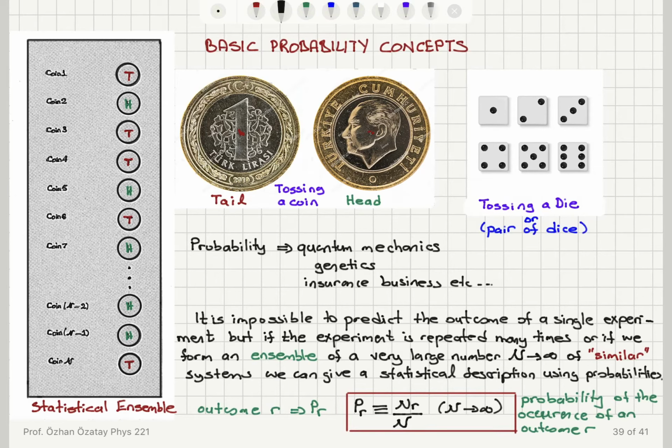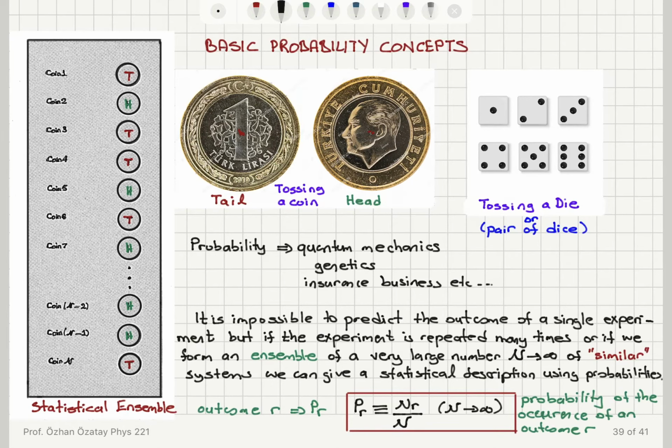A statistical ensemble is a set of very large number of similar systems, for which we do the experiment at the same time with the same initial conditions, and we observe the relative frequency of the possible events.